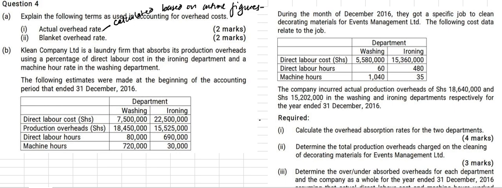Then a blanket overhead rate. Now this is a single rate for all products. It is a single rate applied to all products or services, regardless of their differences in overhead usage.